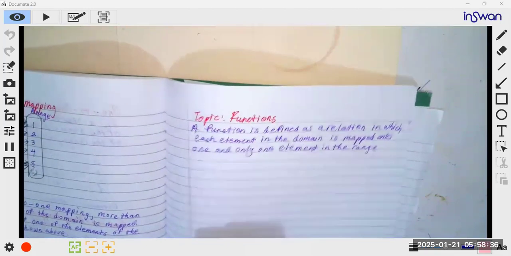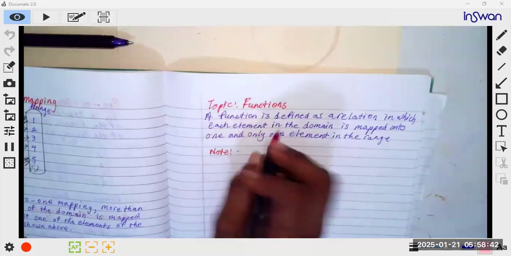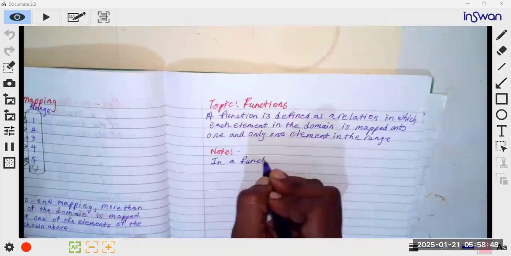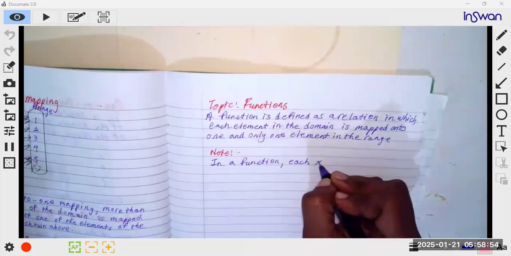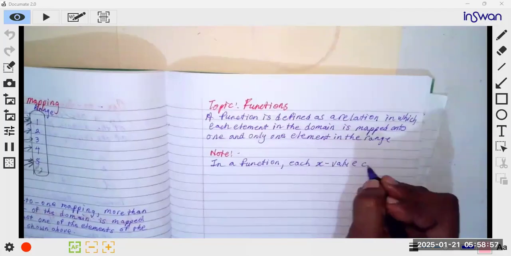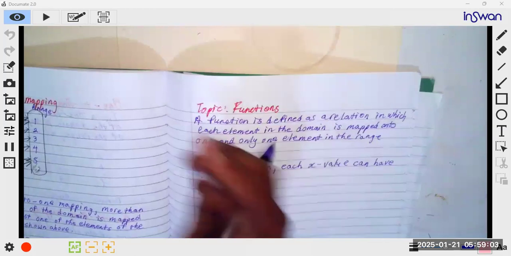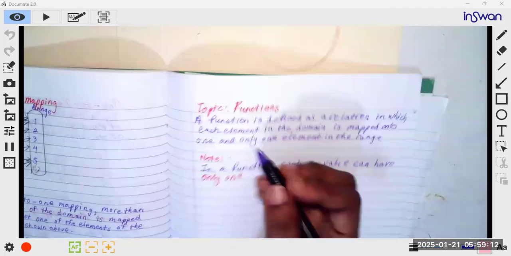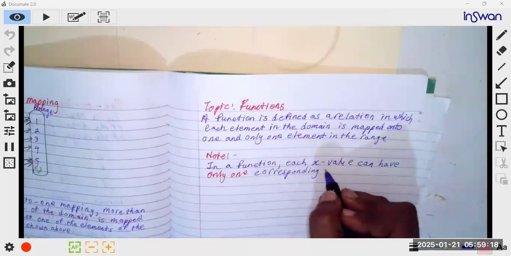So you got to note this. Note: in a function, each x value can have only one corresponding y value.